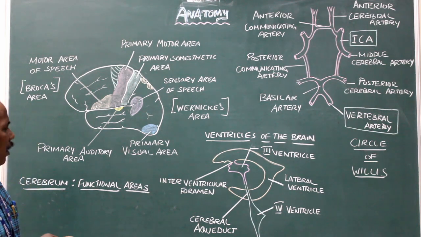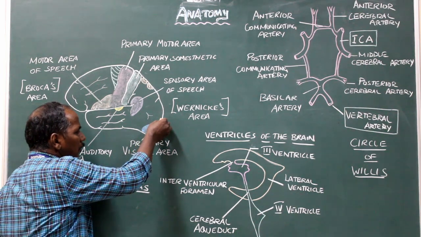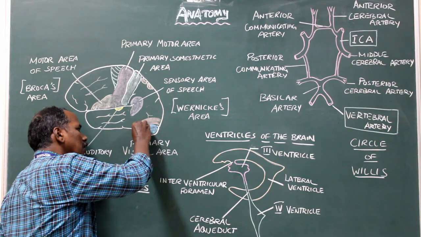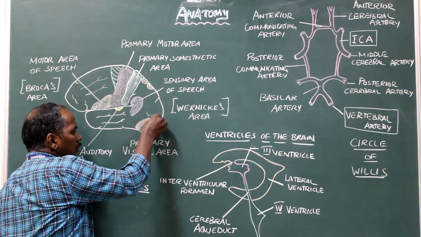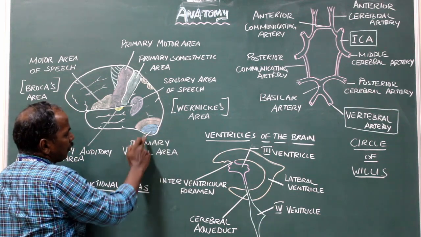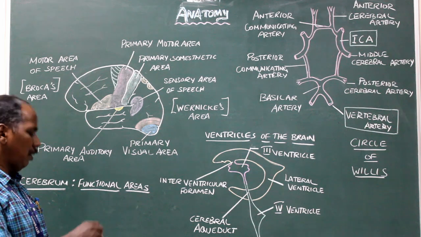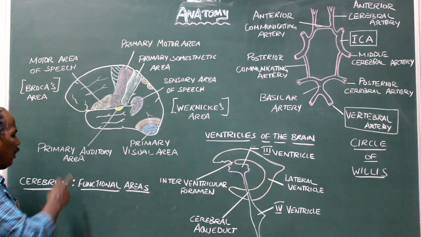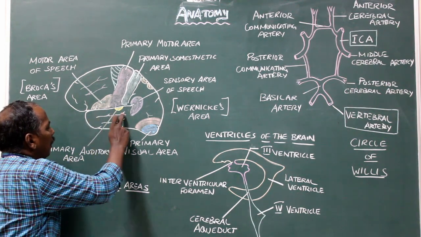Secondary visual area. It is present in the occipital lobe surrounding the primary visual area. So this is the secondary visual area. Secondary auditory area. It is present in the superior temporal gyrus.